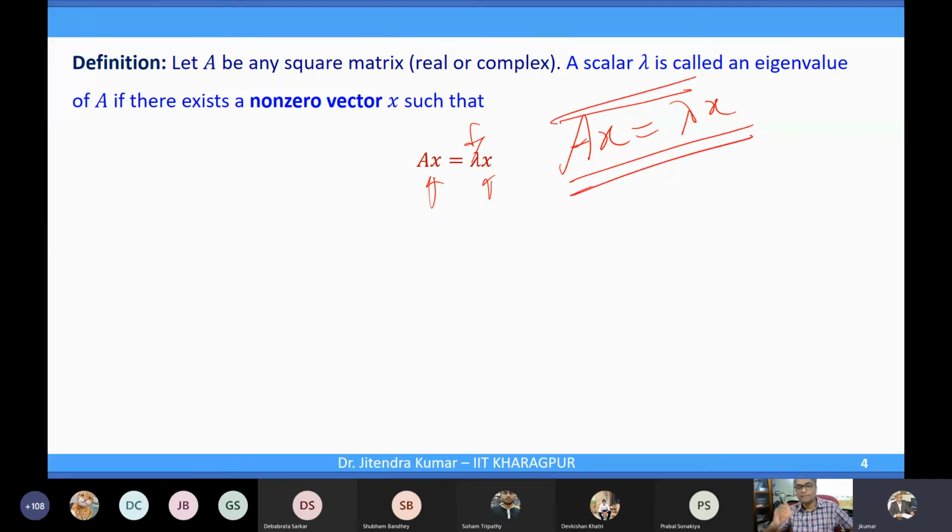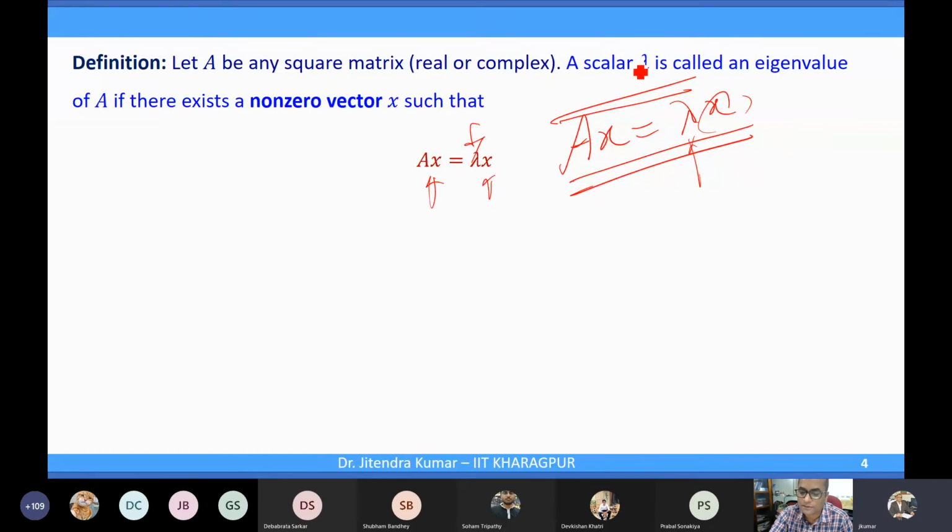Naturally they are very specific. This number lambda is very specific, and corresponding to this lambda, this x is also specific. So for a given matrix, we are looking for the possibilities for x and lambdas.